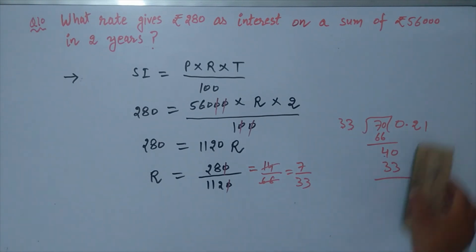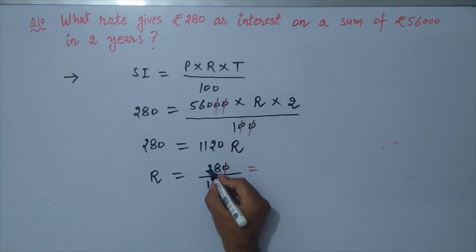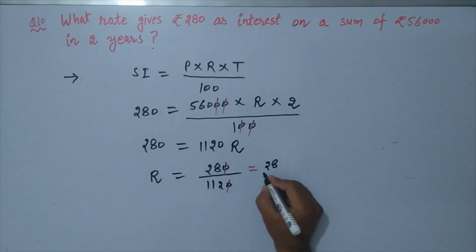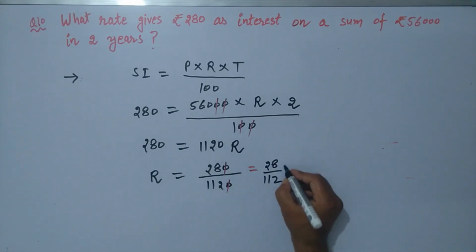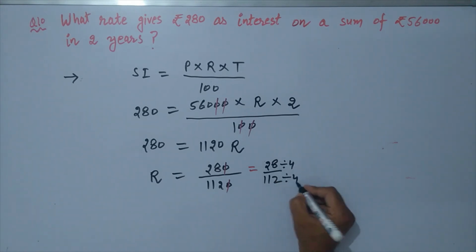Sorry, we have a little bit of a mistake here. This is 28 divided by 112. We divide by 4. This is also divided by 4.